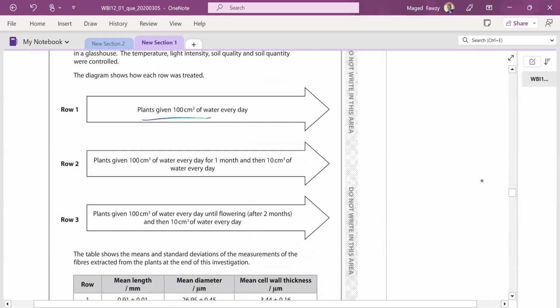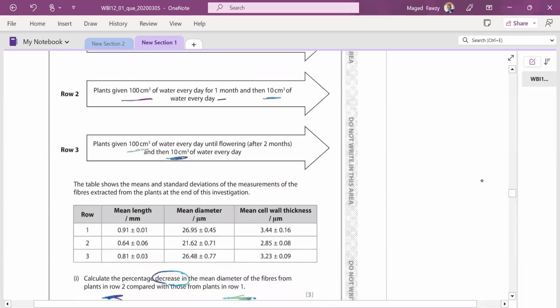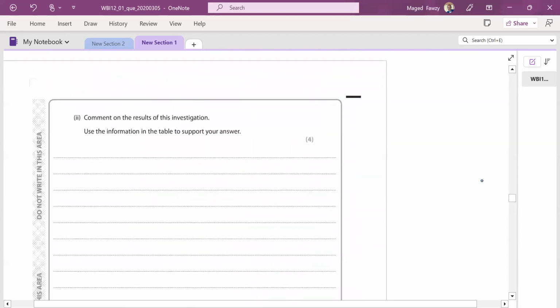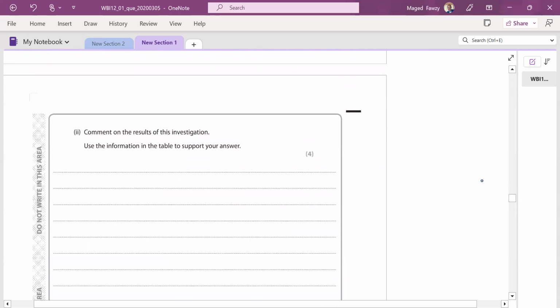Given 10 cubic centimeters, 110 cubic centimeters every day. So the greater the amount of water given to each plant, the larger the diameter of the cell of the plant. Bravo. What you said is a generalization, yes. We have to say this, somehow a generalization point based on the graph.